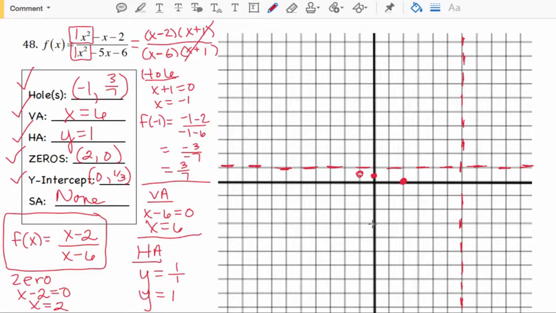So I'm just going to go ahead and substitute into my modified function. I just don't have a lot of room. I don't even know where to show this work.